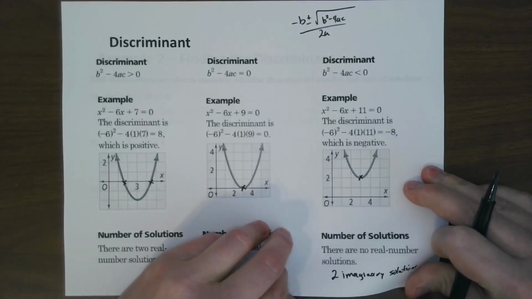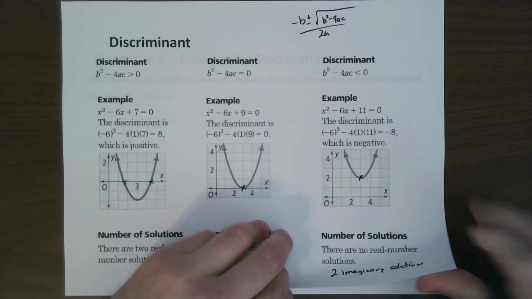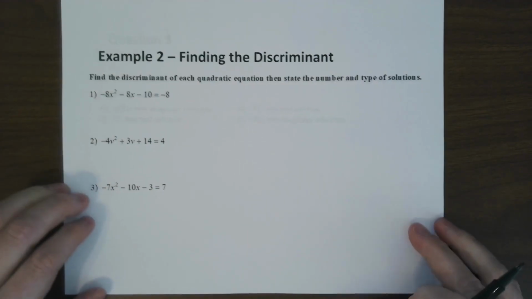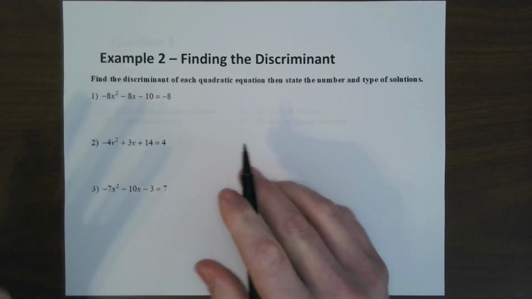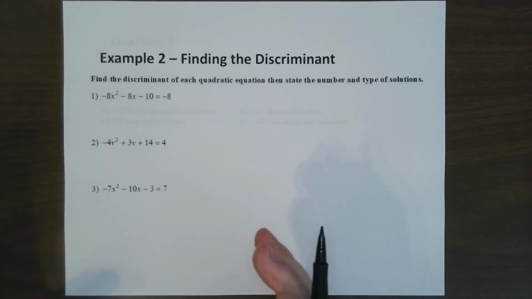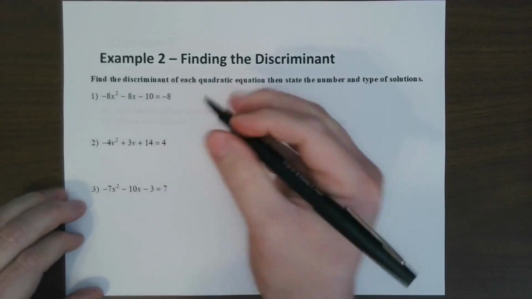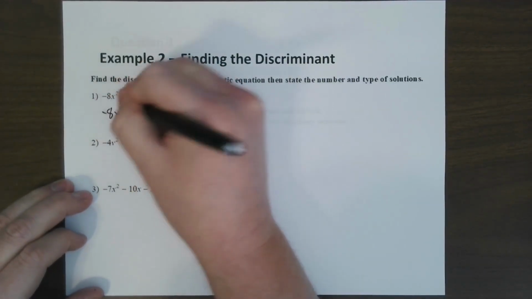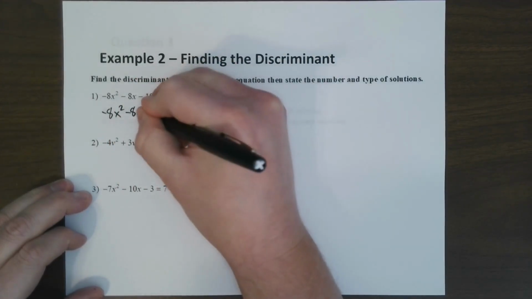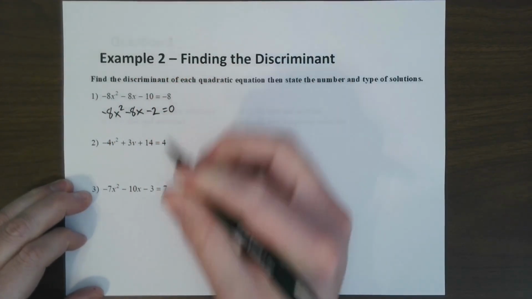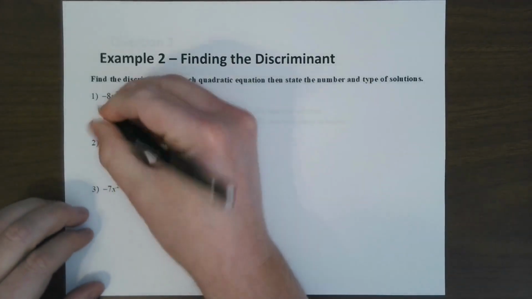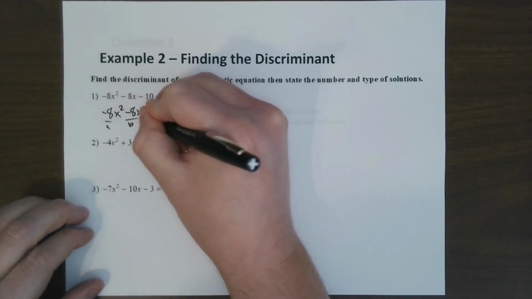So let me go ahead and show you how to use the discriminant. To find the discriminant, first thing we need to do is get everything equal to 0. So I'm just going to go ahead and add the 8 over. So I get negative 8x squared minus 8x minus 2 equals 0. And so now here's my a, this is my b, this is my c.